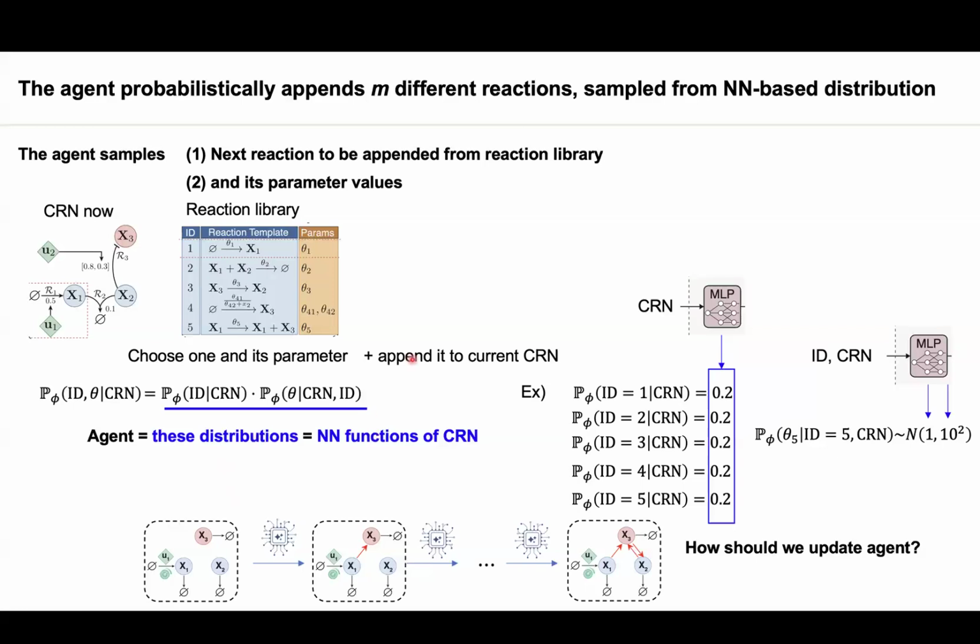So in one whole sentence, we will choose the reaction, and this reaction will be chosen by this MLP, whose input is the CRN.